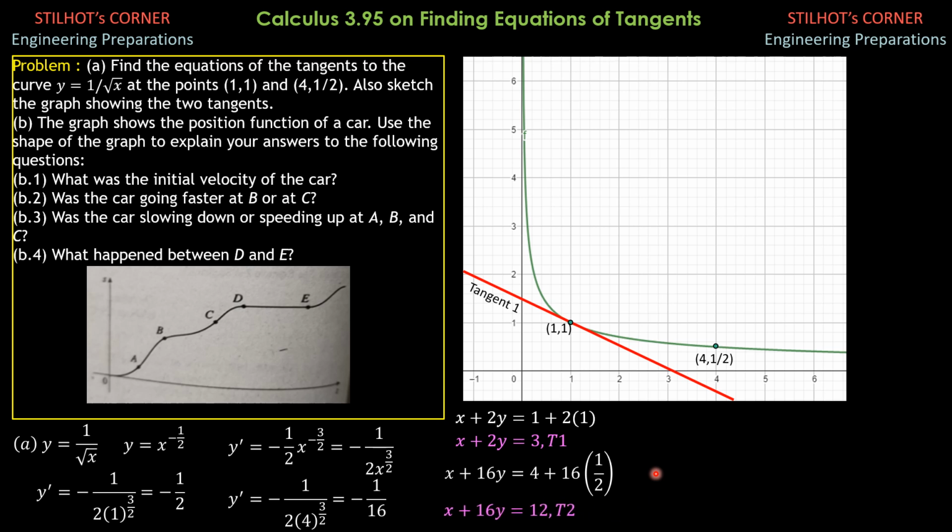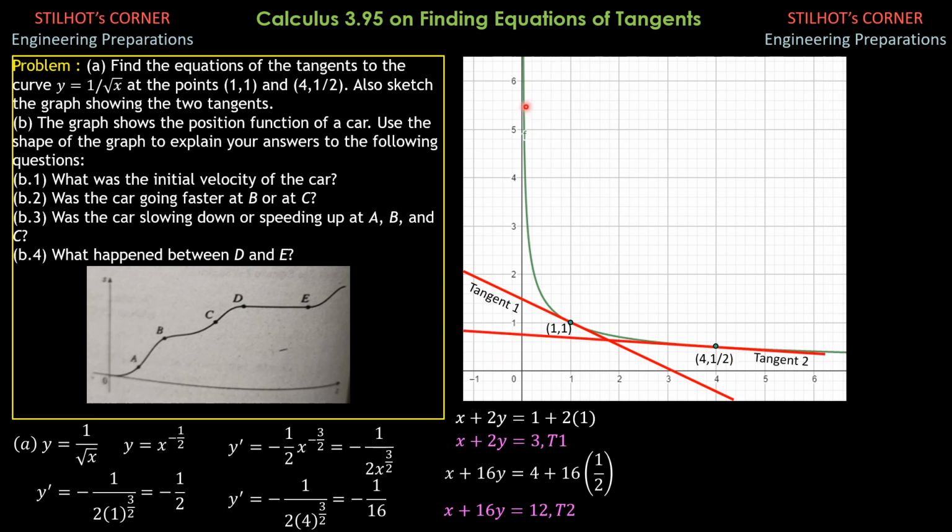So where is that point of tangency? This one. And the y-intercept is 12 over 16, or 3/4, 0.75. It crosses the point there. And the x-intercept is 12, so somewhere there. So that's the second tangent.